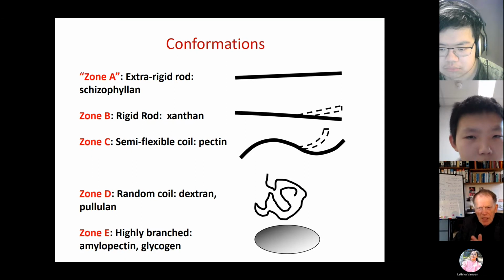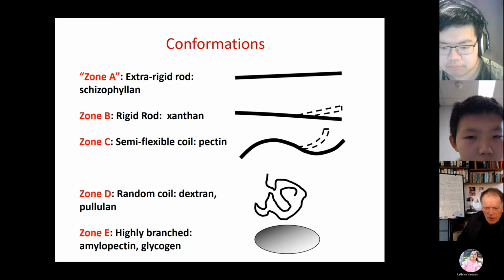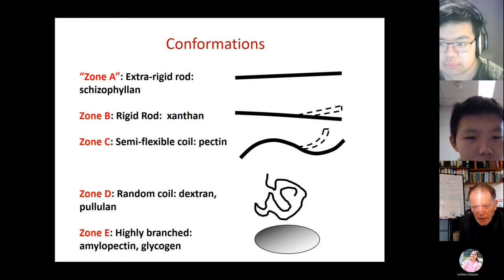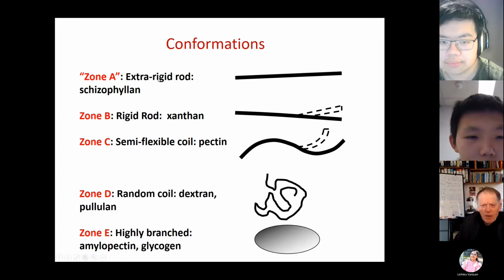In terms of conformations, these are these conformation zones again, which I introduced in the physical chemistry 4 lecture a little while ago.